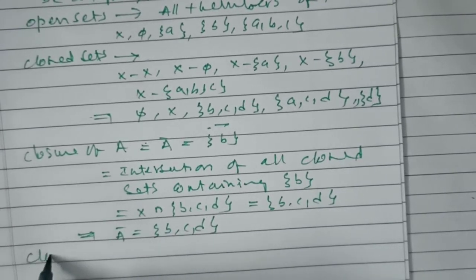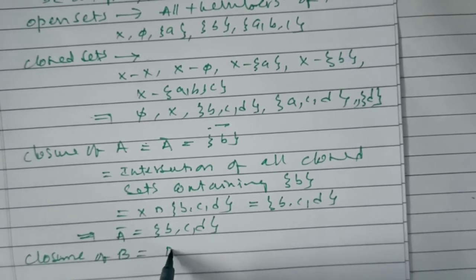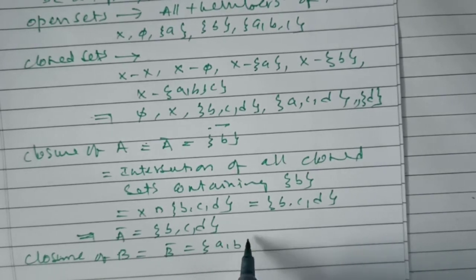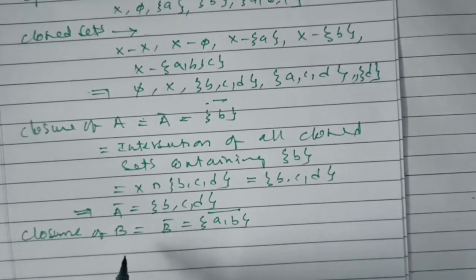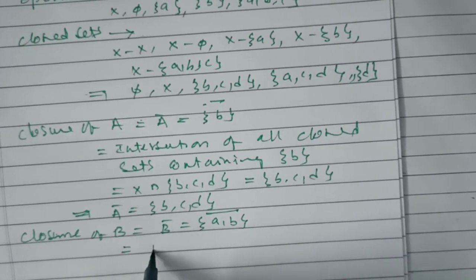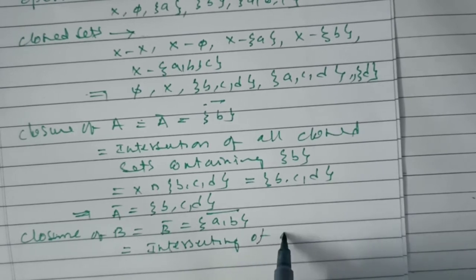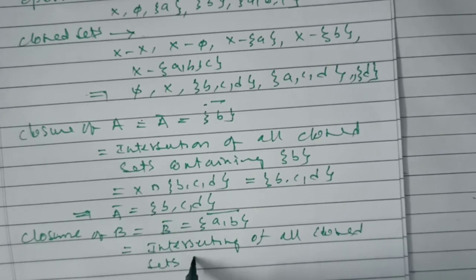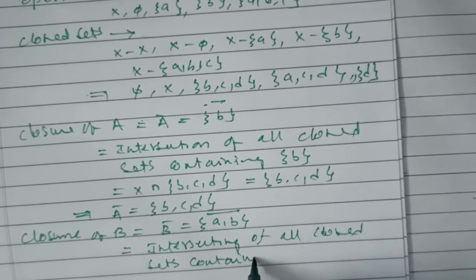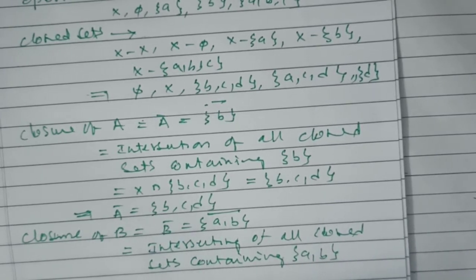Next, closure of b is equal to b bar, which is equal to {a, b}, that they have given in the problem to find. It is the intersection of all closed sets containing {a, b}.